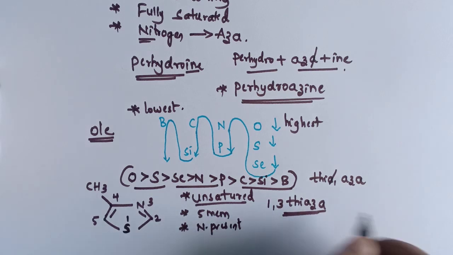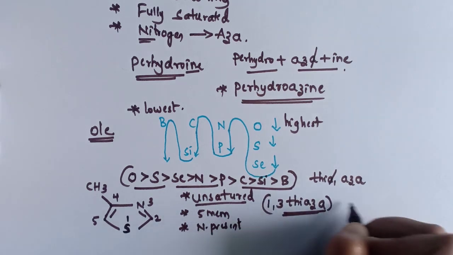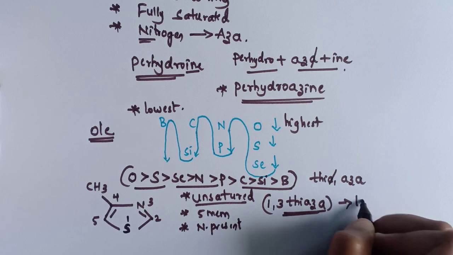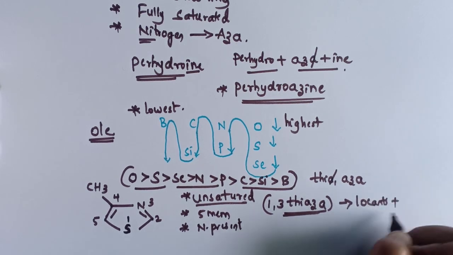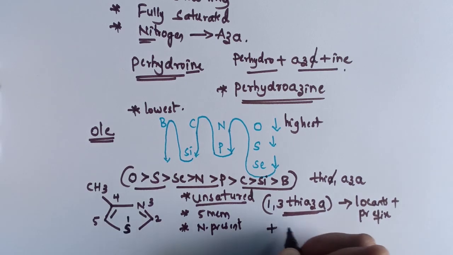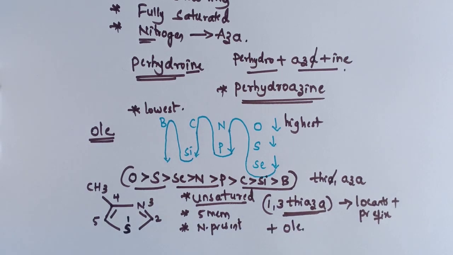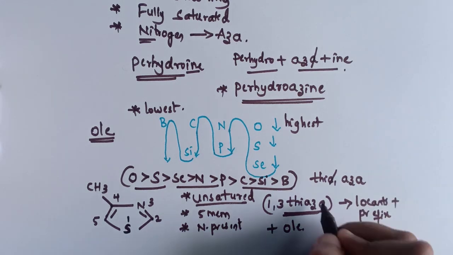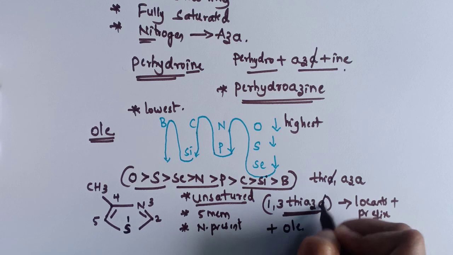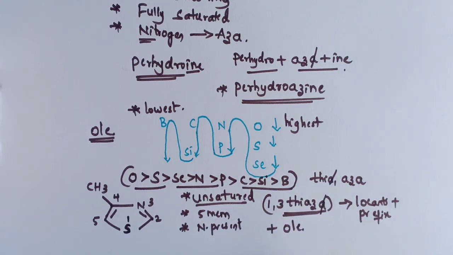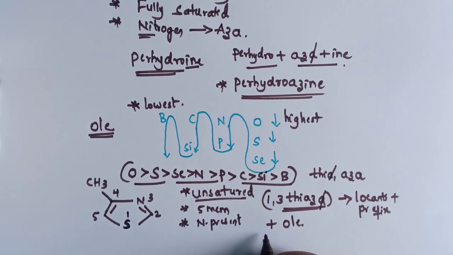It is 1,3-thiaza as the locants plus prefix. For the suffix, we add OLE. Here the first part's last letter is cancelled, so it will become 1,3-thiazole.